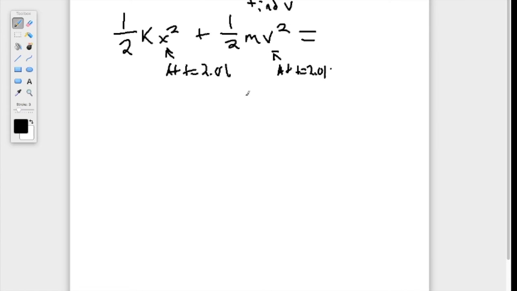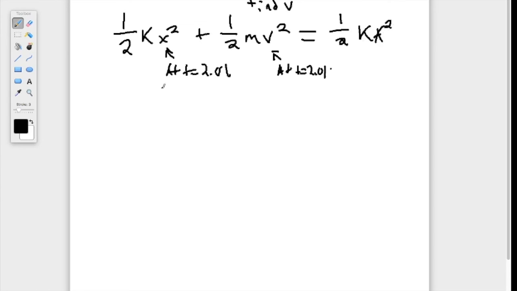So we can use the maximum potential energy as the total energy, and energy is always conserved. So the sum of the potential energy at 2.01 and the kinetic energy at 2.01, when you sum them up, should equal the maximum potential energy, or the total energy.